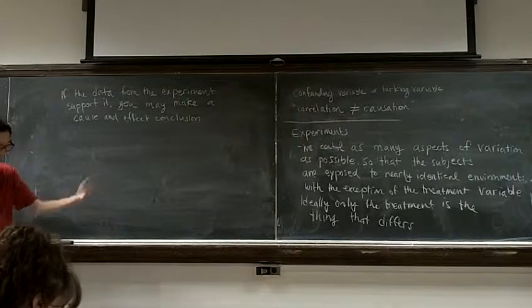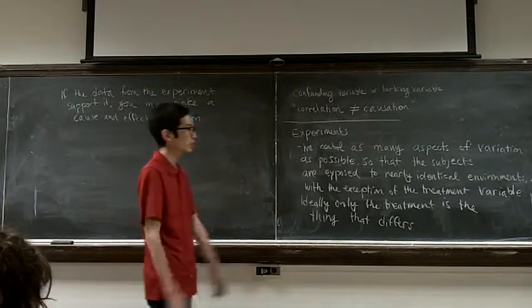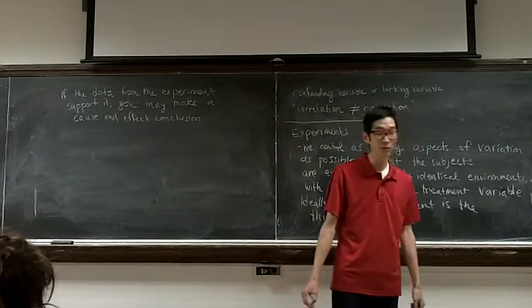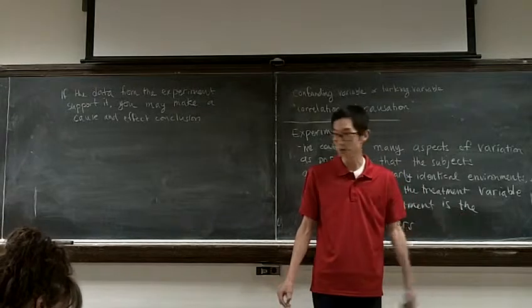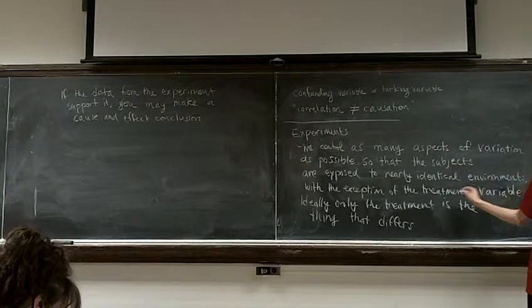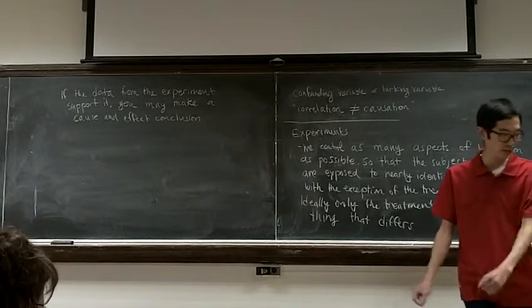So we give them placebos as well to differentiate between the result of the placebo effect versus the actual drug. That's part of controlling as many aspects of variation as possible, because we also want to control that placebo effect impact.